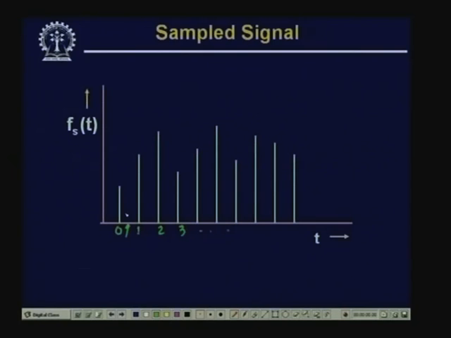So, if I need to obtain the value of f at location say 0.3, then I have to interpolate this function f_s(t), and find out after resampling what will be the value of the function at t equal to 0.3.